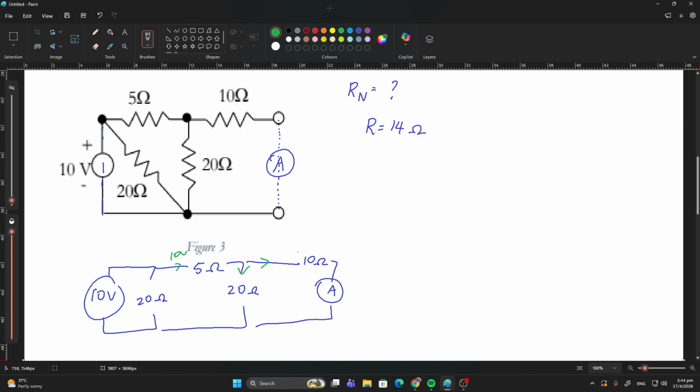What we have to do is first find these two resistors. The resistor of the 10 parallel to 20 equals 200 divided by 30, which gives me 20 over 3 ohms. This 20 over 3 ohms is in series with the 5.